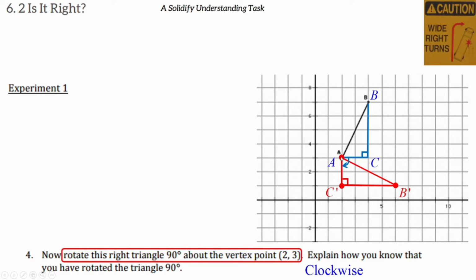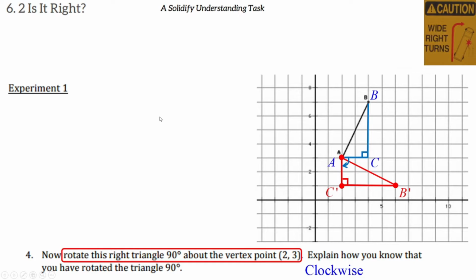It's beautiful. And we call this triangle A, B prime, C prime. Since A is also A prime here, the point that we're rotating about is my original point A, and that also can be considered A prime right now. Now, explain how you know that you have rotated the triangle 90 degrees.